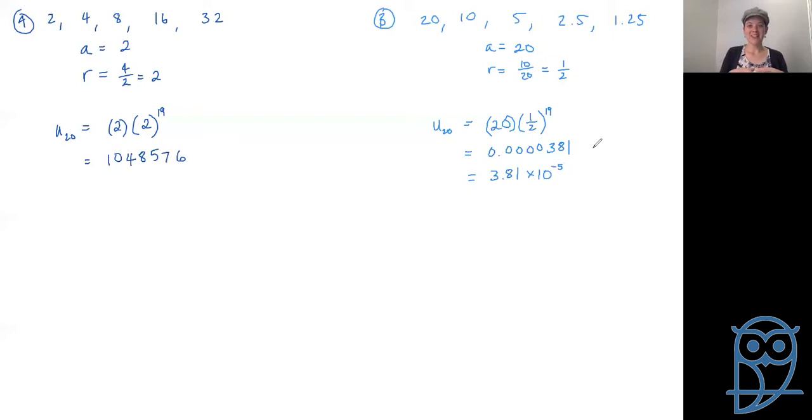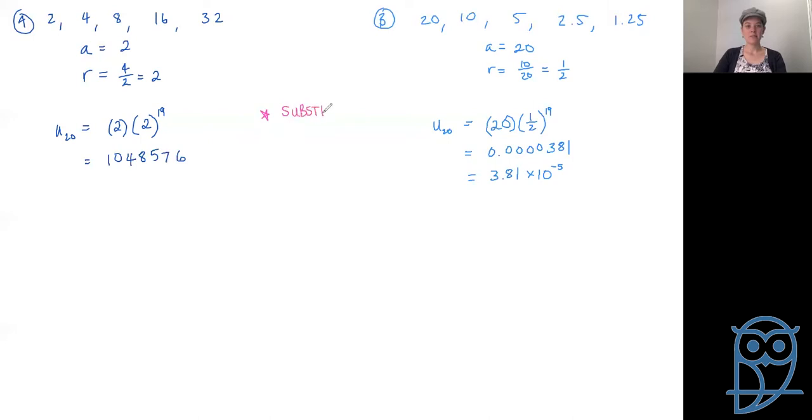So now you've actually got an application for standard form. It's not just some random way of writing numbers. So our numbers for this type of sequence, where we're multiplying by that proper fraction, are getting smaller and smaller and smaller. And we're just going to take a moment here to make a note.